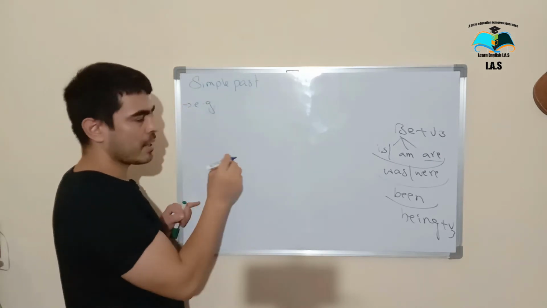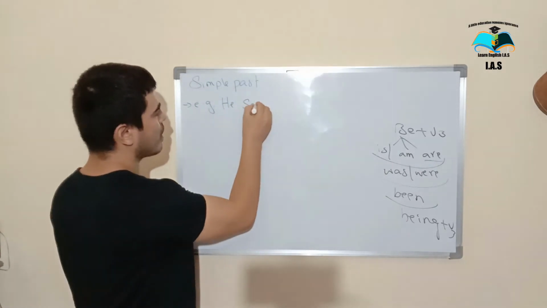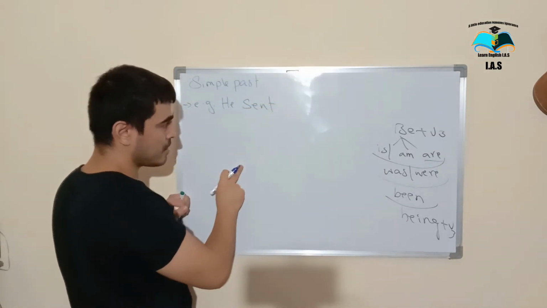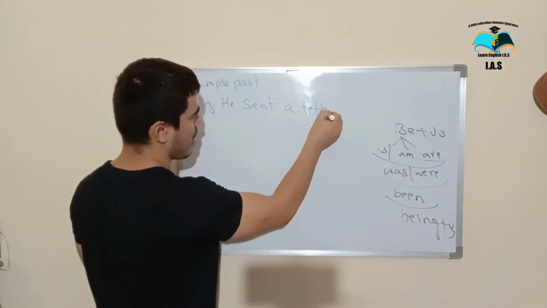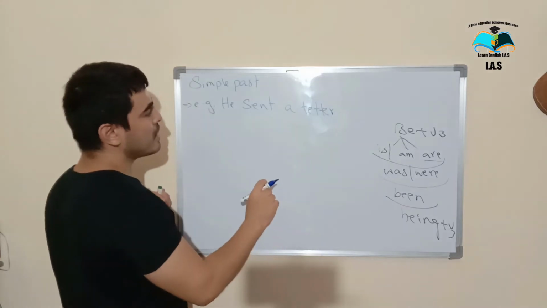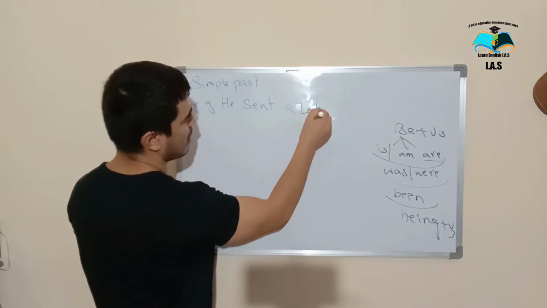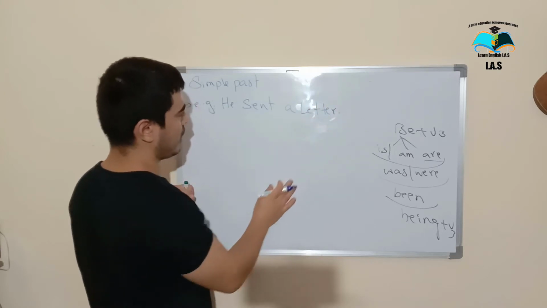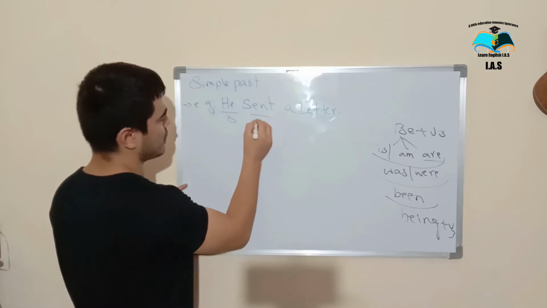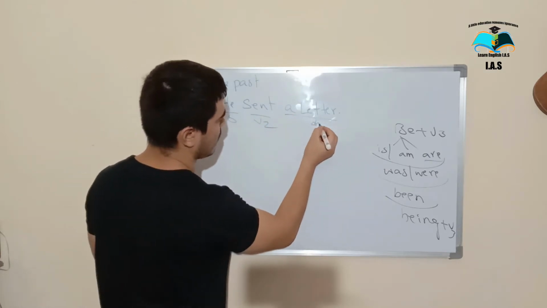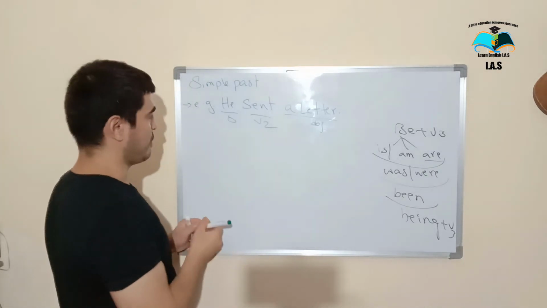The first example is he sent a letter. Remember that in the sentence, write a letter. Let's analyze. This is the subject, this is the verb, this is the object. Now let's change the sentence into the passive.